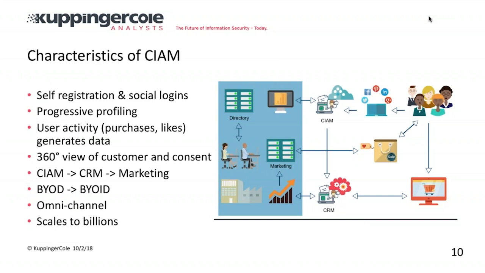And consumers generally have an expectation of an omni-channel experience, meaning they can have the same or similar experience whether they're using their phone, a tablet, or a full desktop browser. Things should pretty much work the same between all the different kinds of platforms, as well as IoT, smart home, and connected consumer devices. And whereas enterprise IAM can scale to hundreds of thousands in many cases, consumer identity systems need to scale to billions of identities.